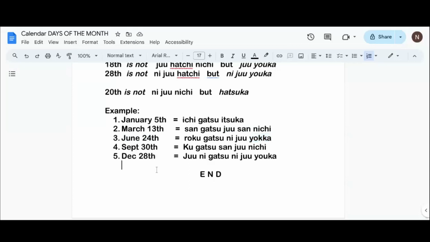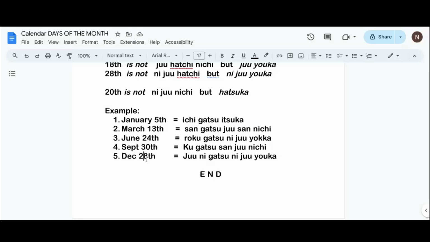September 30th. Ku, not Q. Not Q, but ku. Kugatsu sanju nichi. And then for December 28th, junigatsu for December, nijuyoka.